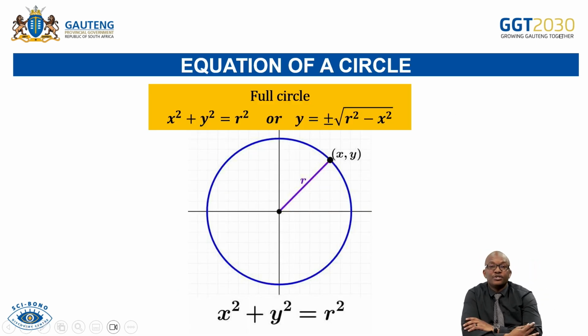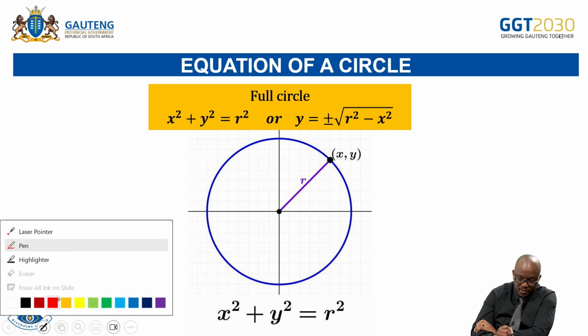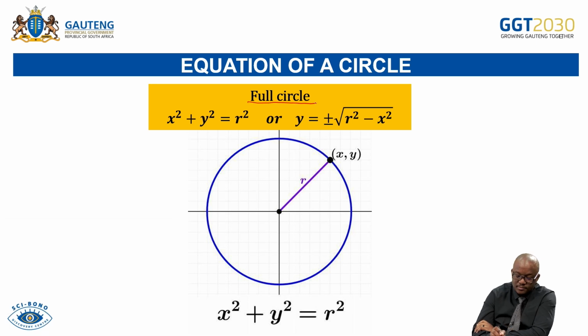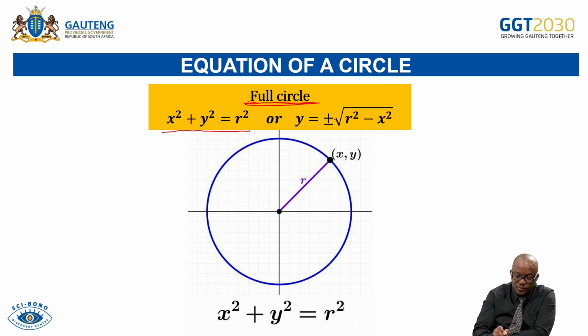Now, equation of a circle. We now look into our equation of a circle. We start with your full circle. This equation can be given in two ways. The first way is x squared plus y squared is equal to r squared.